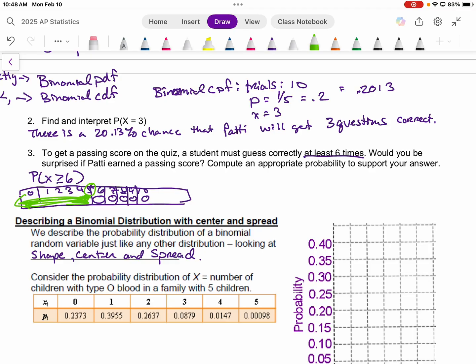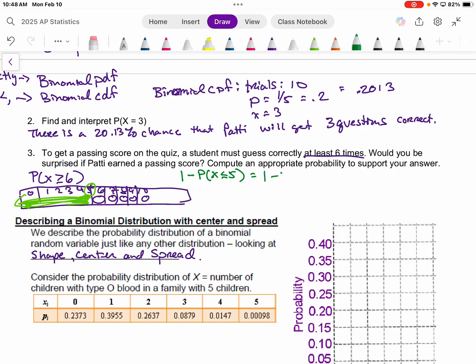So for the calculator, I'm going to do 1 minus the probability that x is less than or equal to 5, because I want my answer, which is 6 and more. I can just use the complement rule and do 1 minus the probability of the 5 and less. So that's what I'm going to use.